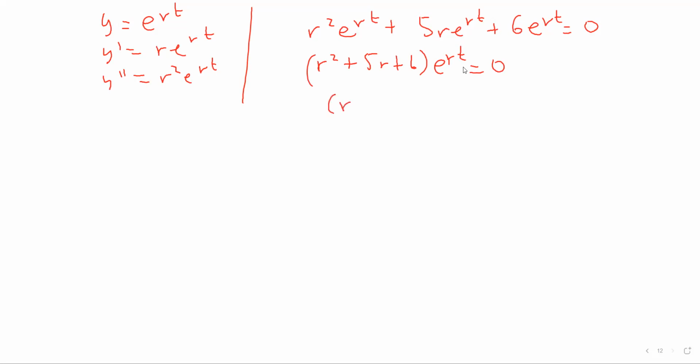And this is nothing but r squared plus 5r plus 6 is equal to 0. When we solve for this, we see that r is equal to minus 2 or r is equal to minus 3. Am I correct?